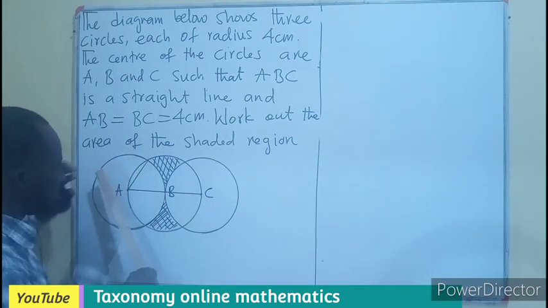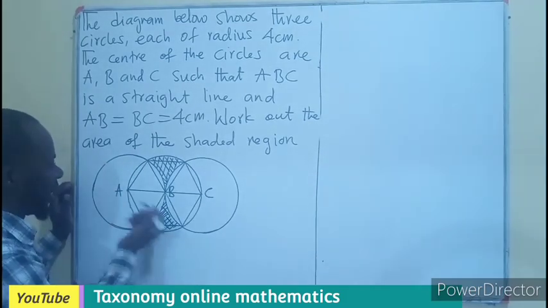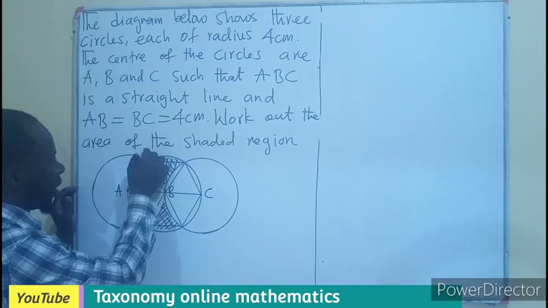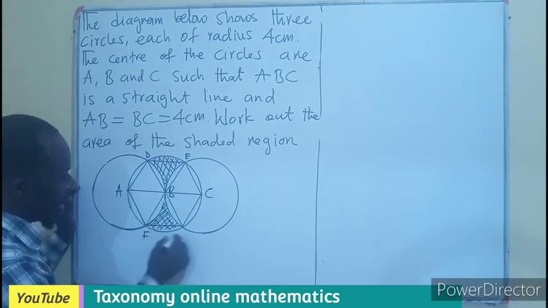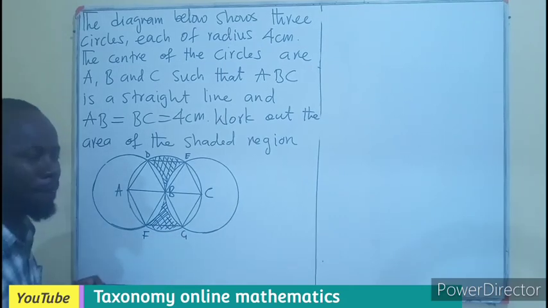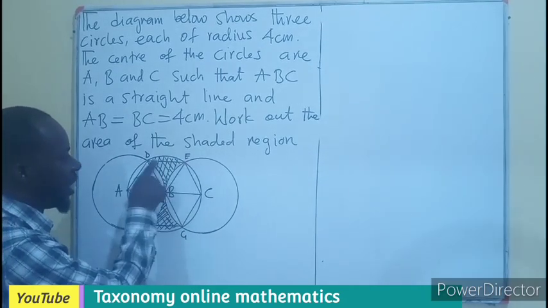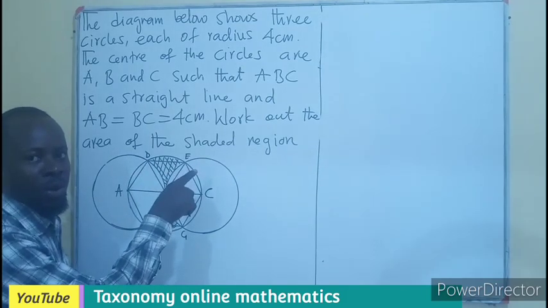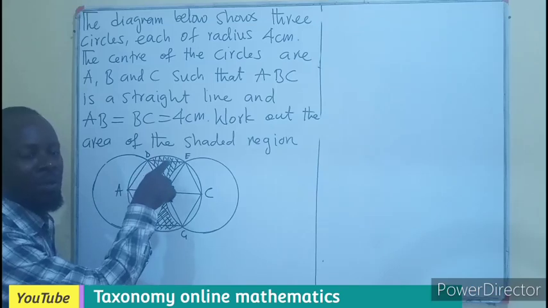If I label the points D, E, F, G, you can see the line from D to E will be a chord. A chord is any line that joins 2 points on the circumference.